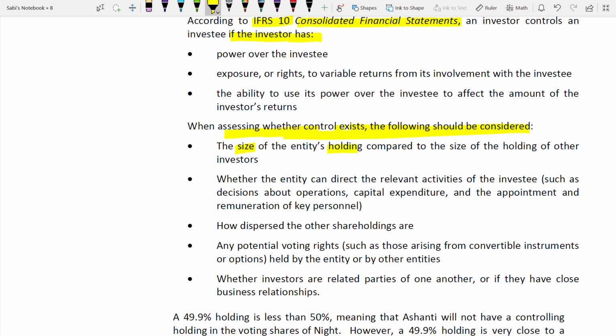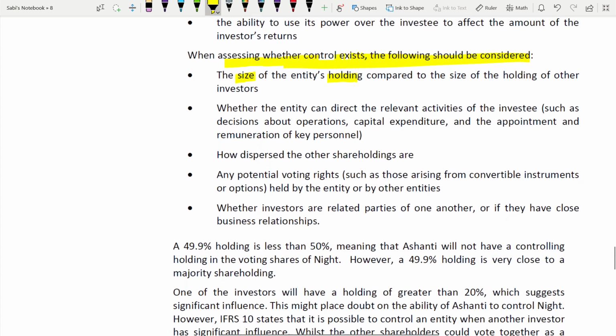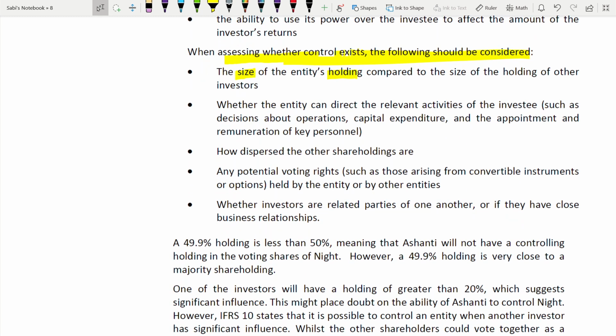Third, how dispersed the other shareholdings are. Dispersed, spread. Fourth, potential voting rights, such as those arising from convertible instruments or options held by the entity or by other entities.